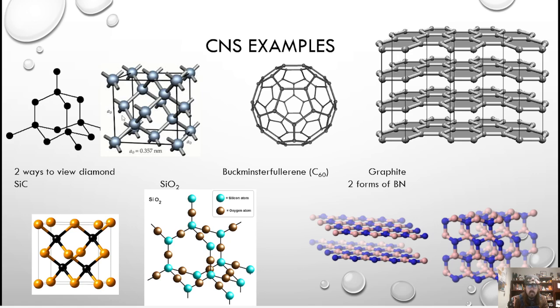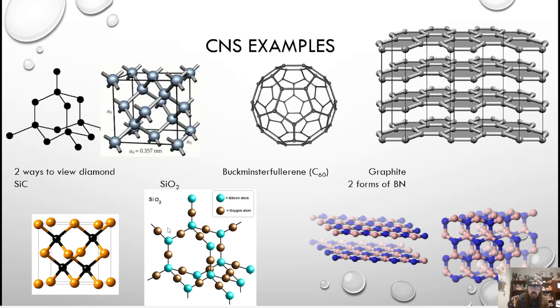So, 2 ways to view diamond. We have our diamond. You can see the tetrahedral shape in each of these carbons. We've removed some of those carbons for clarity, but this is what it looks like, the zinc sulfide blende. There's graphite with its sp2 hybridized carbons in layers, and Buckminsterfullerene, which is a C60 solid. It's essentially just a molecule. Silicon dioxide down here, the two ways of viewing silicon dioxide.